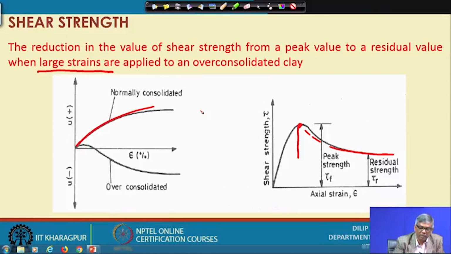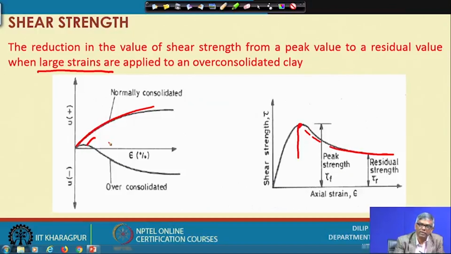Whereas if you observe for an over consolidated clay, there you have seen that due to initial straining up to some percentage, the volume will be decreasing. So, there also pore pressure is positive, but after reaching a certain value of axial strain, the volume increases.